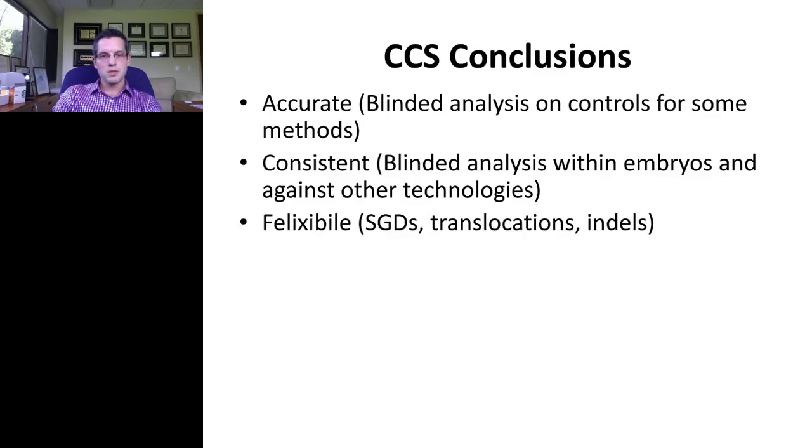I mentioned that because of the PCR-based nature of the assay, you can actually test for single gene disorders, translocations, as well as insertions and deletions in parallel. And all of this can be performed within a 4-hour turnaround time, which is really critical in many cases of PGD for IVF.